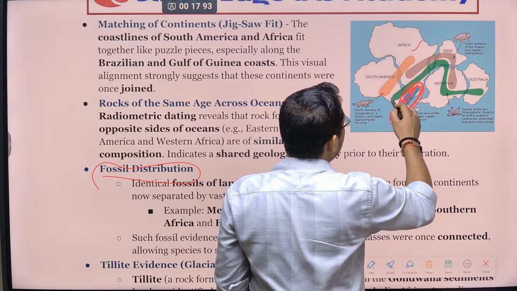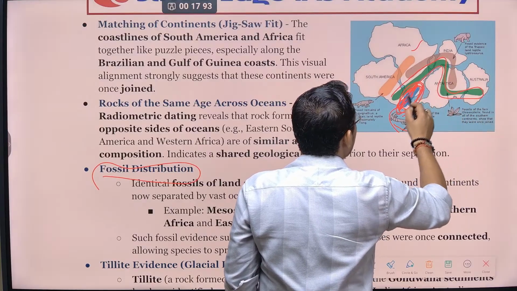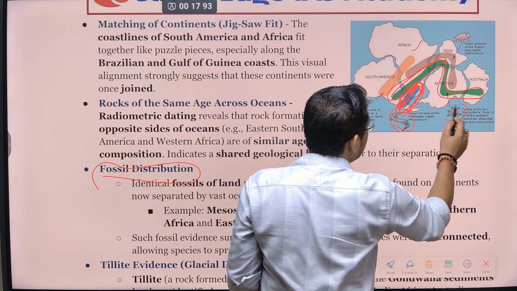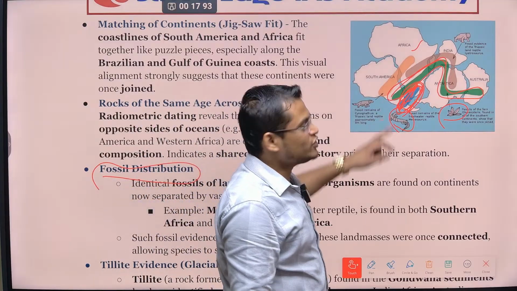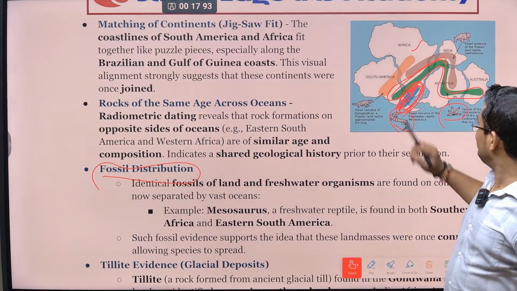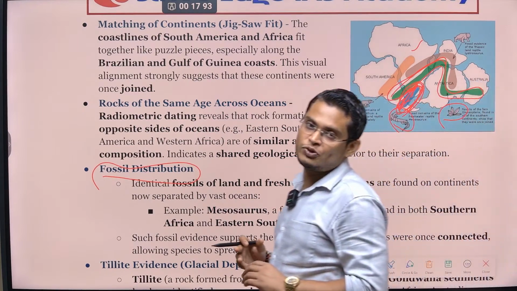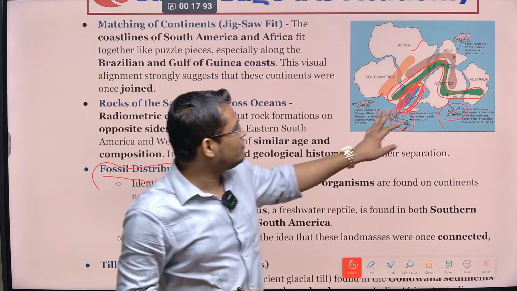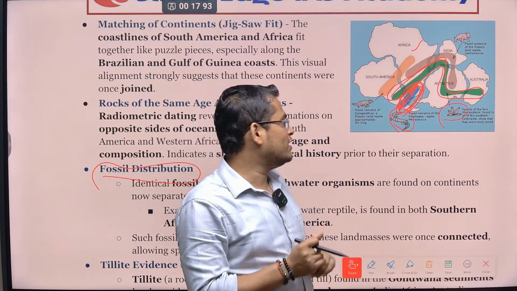Same thing, you can find one particular species only in this location, and this is possible only if they are connected and together. Otherwise it is not possible. It is not possible to find the same kind of species in South America, Africa, even Australia, because they have unique environments. It is only possible when they are connected in a single landmass.